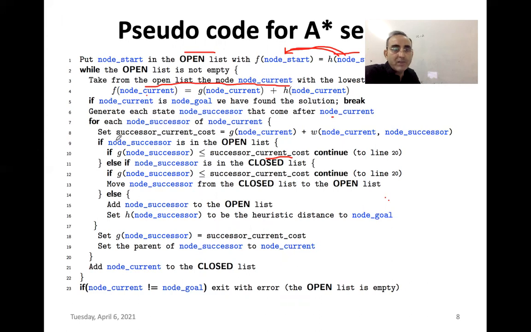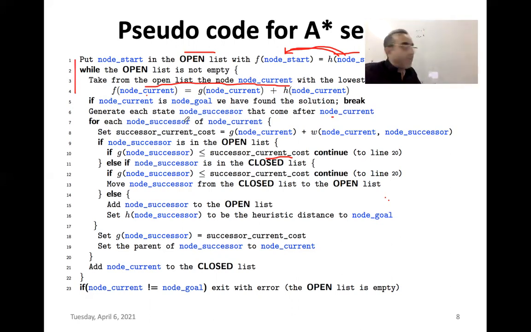Then set successor current cost. So now I am going to set the current cost of Sibiu, G of Sibiu. What is my current node? My current node is Arad actually, and you can also write here, my current node is Arad.